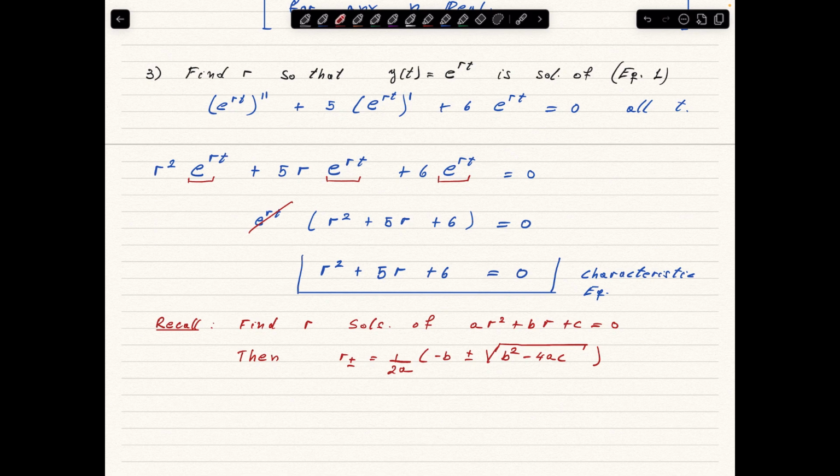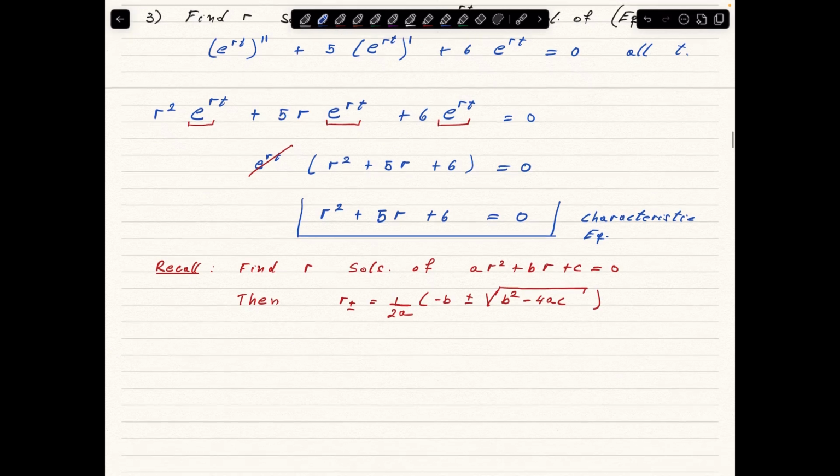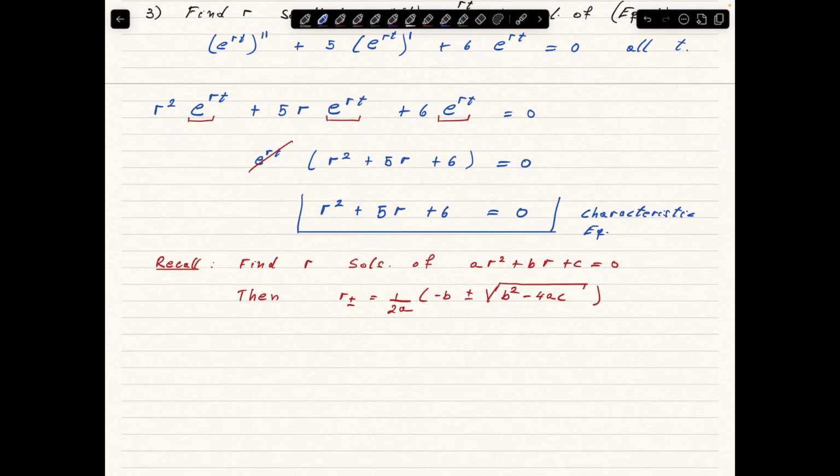So recall that. If we use that formula in our problem, we are going to get that r plus minus is going to be given by 1 over 2, a is 1, then we are going to have negative 5, then plus minus square root of 25 minus 4 times 6. Maybe it's a good idea to write it down as 5 squared.